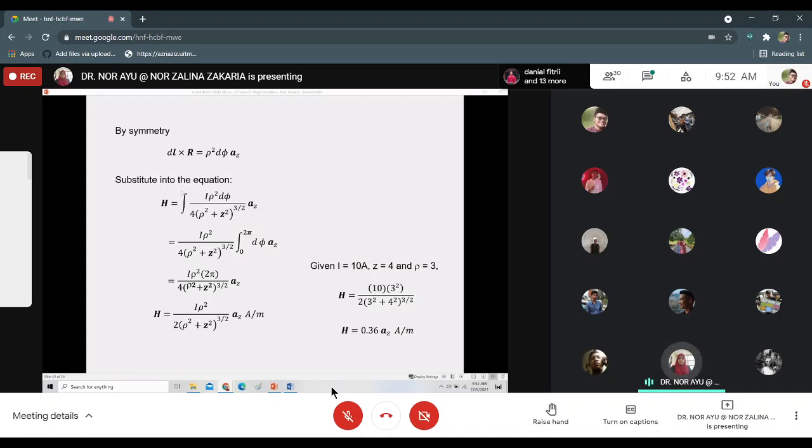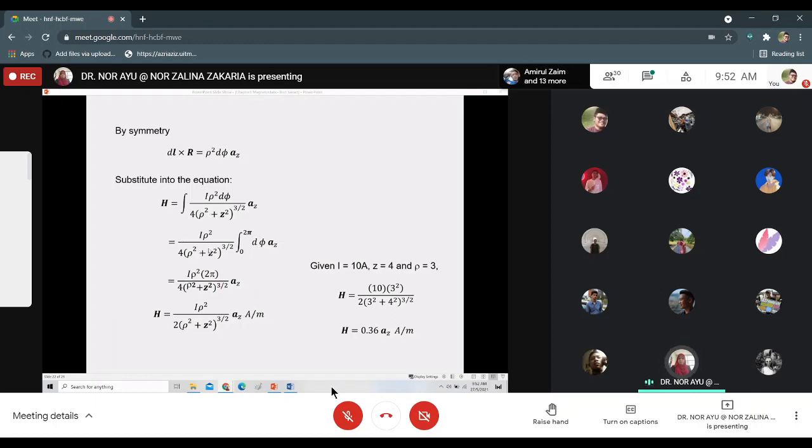And then kita masukkan dalam the equation again. So H is equals to integrations of I rho squared dV divide by 4 pi R cube. Mana pi dia hilang? Okay, sini ada pi. 4 pi and this is R. 4 pi R cube.